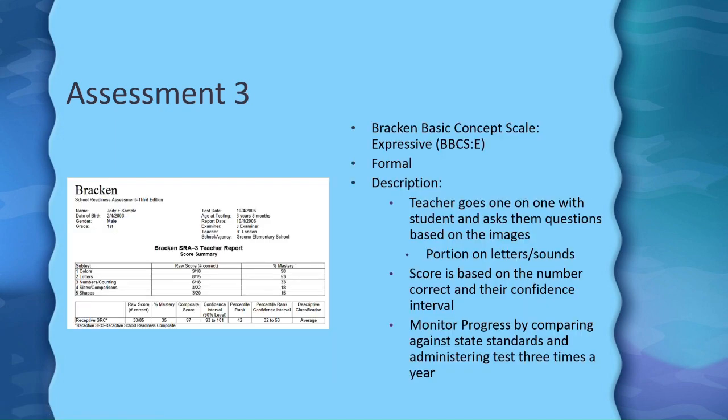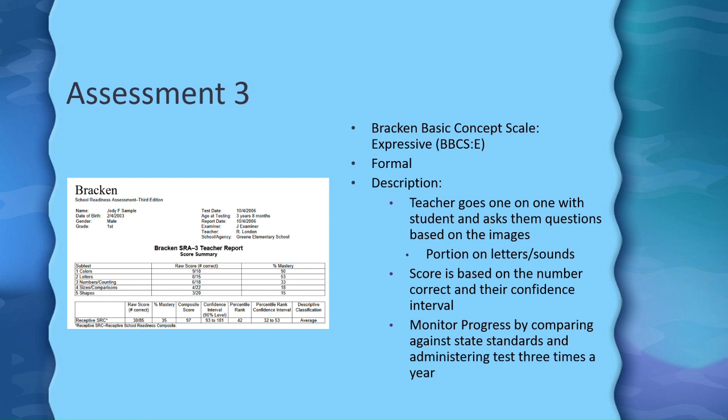Assessment 3 is the Bracken Basic Concept Scale, and this is the expressive version. So this one is a formal assessment, and this one is another one-on-one assessment, and the teacher asks them questions based on images that are provided within this booklet. And there is different portions, but the one that we would focus on for phonics is the one on letters and sounds.